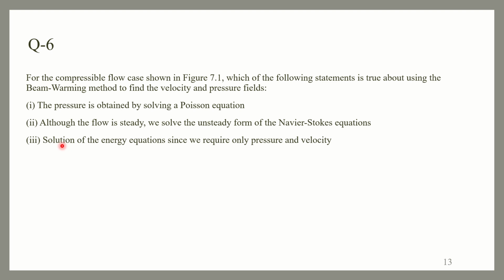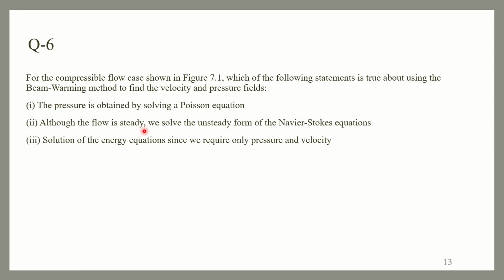Okay, so the last question was about the McCormack method, and this question is about the Beam-Warming scheme. Which of the following statements is true when we use the Beam-Warming method to find the velocity and the pressure fields? First statement, pressure is obtained by solving a Poisson equation. Actually this is false, because we get the pressure by solving the equation of state.